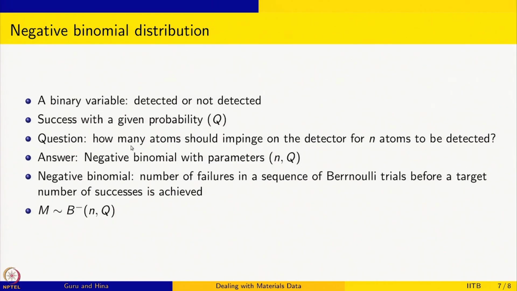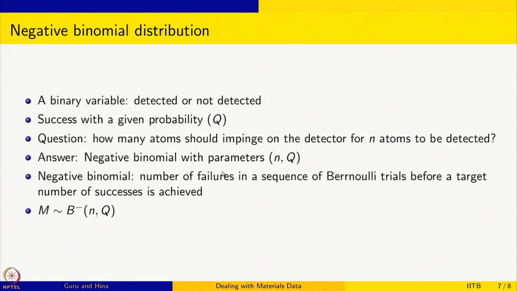Now, how many atoms should impinge on the detector for n atoms to be detected? That is a question you can ask. And the answer is that it is a negative binomial with parameters n, that is how many successful results you are getting, and the probability of success.